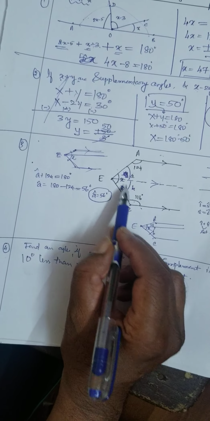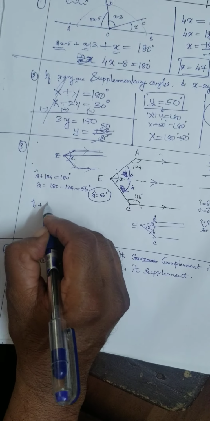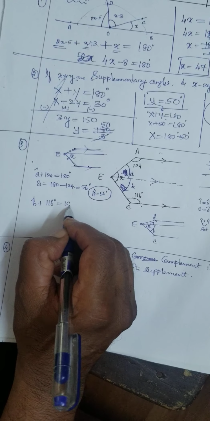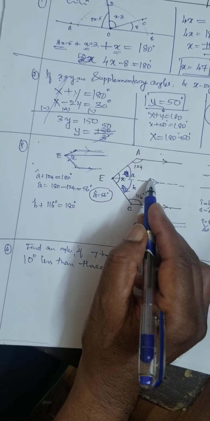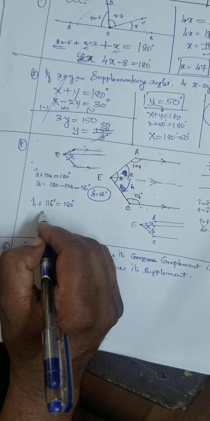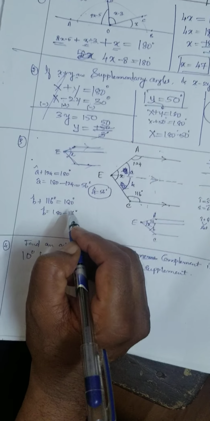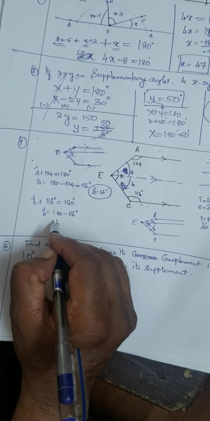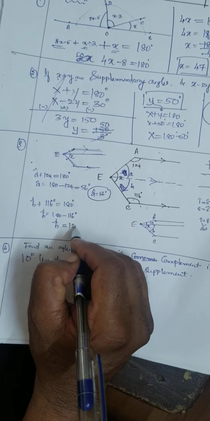Similarly, these two angles, B and 116 degrees is equal to 180 degrees, because both are parallel. Therefore, angle B is equal to 180 minus 116 degrees. Therefore angle B equal to 64.